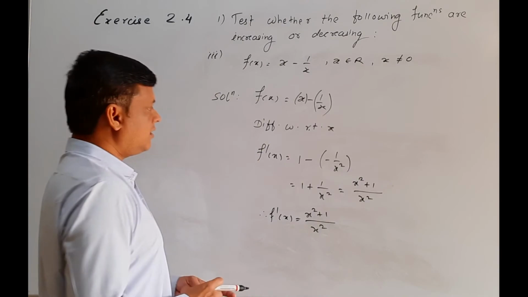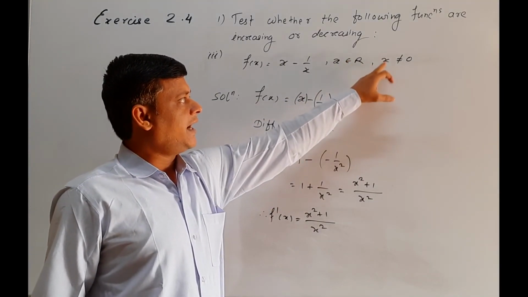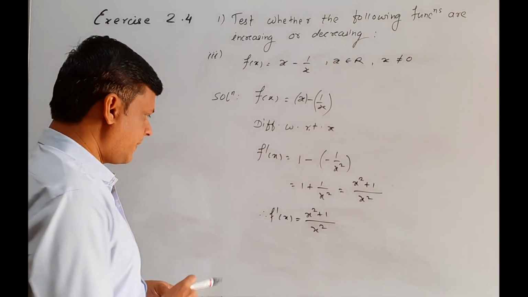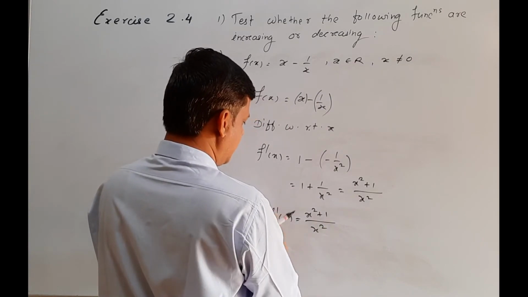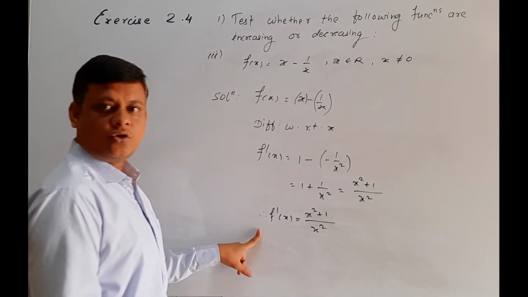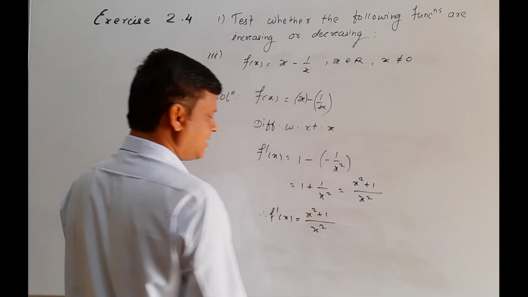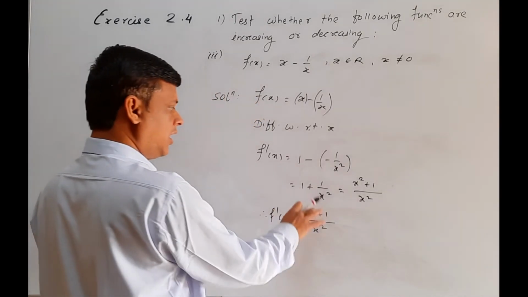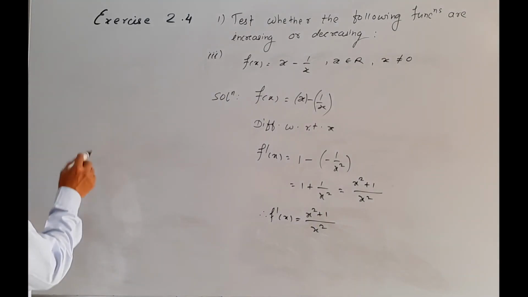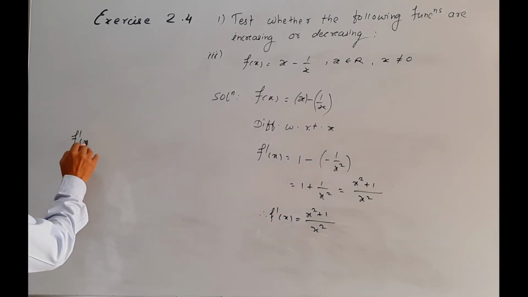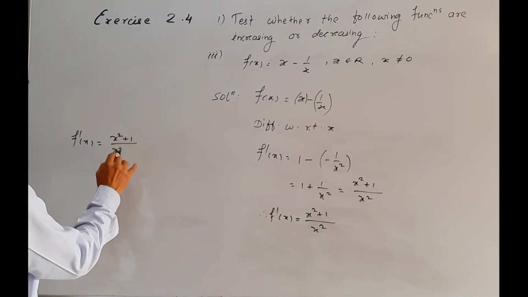Now we have to check for x belongs to R and for x not equal to 0. So we take some values for checking f dash of x is greater than 0 or less than 0. So here variable x has square. So for negative value also we get here positive value. So you can check here, f dash of x is equal to x square plus 1 upon x square.